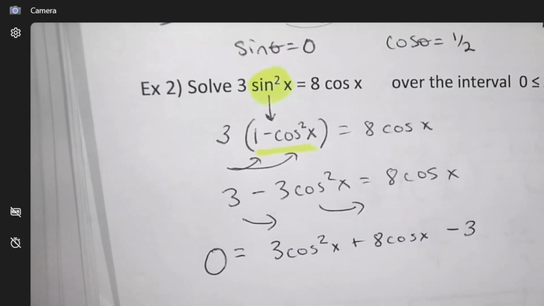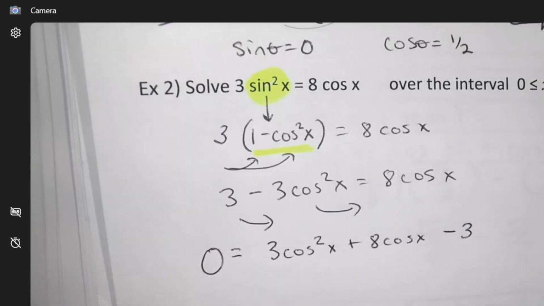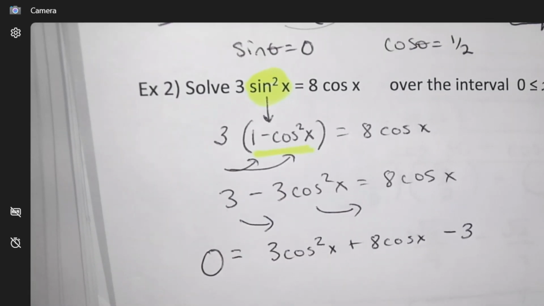Okay, so this part is actually where I find all the mistakes on people's tests, in the distribution and the movement. So just make sure you're careful with your algebra.